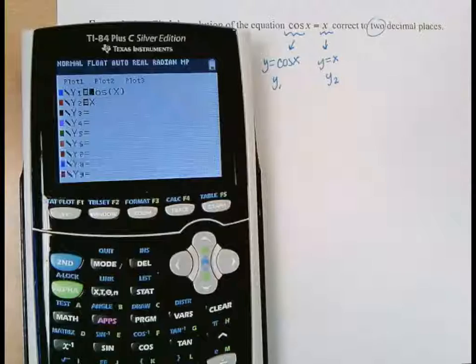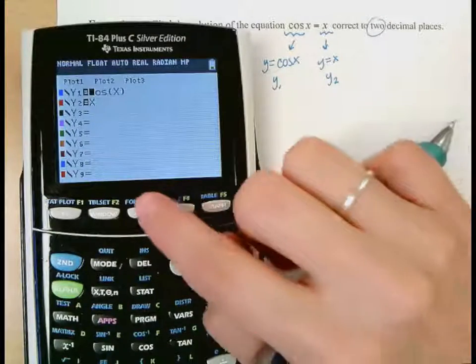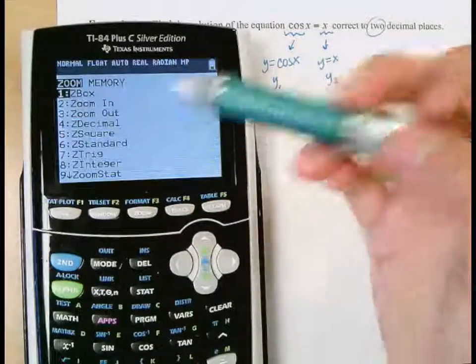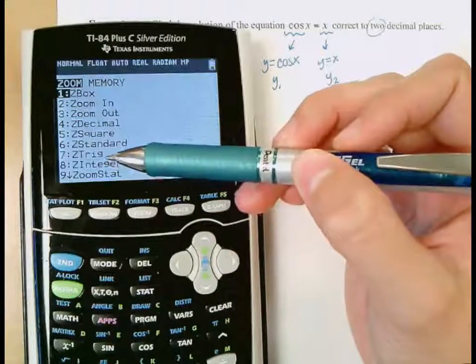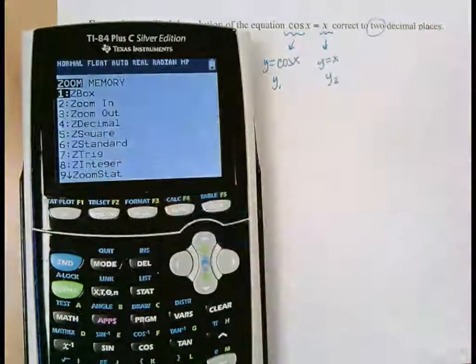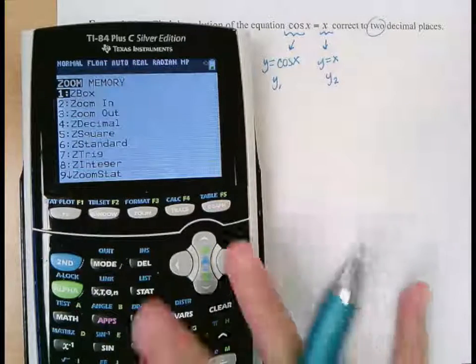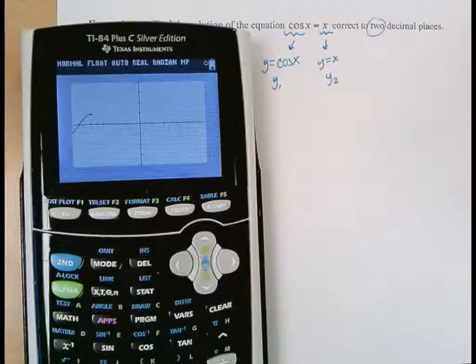So now I'll go back to y equals. Once you're in radian mode, anytime I graph a trig function, there's a zoom trig feature which gives really good viewing windows for trig functions. So I'm going to do zoom 7 because it does have the markings that every pi has, which is why this window is really nice. So there's cosine of x, and now it's graphing y equals x.